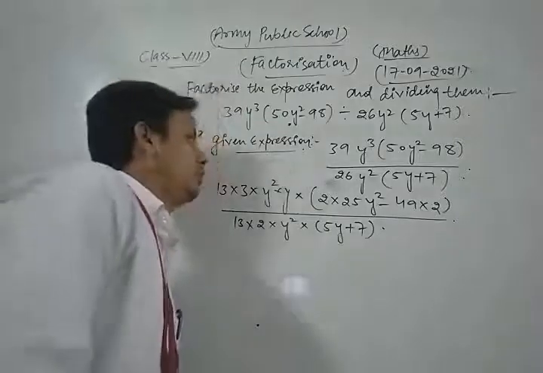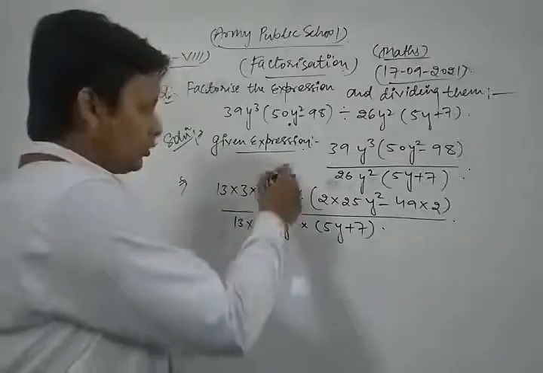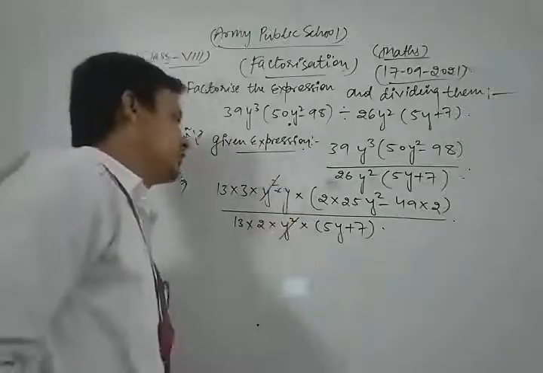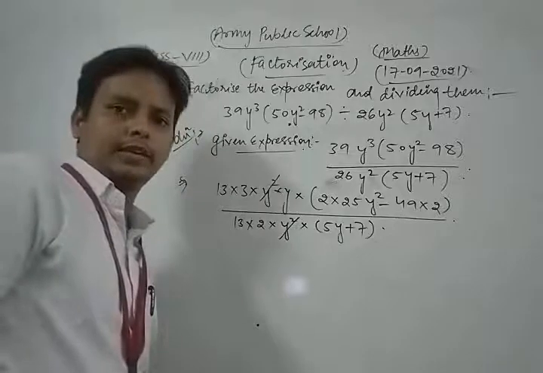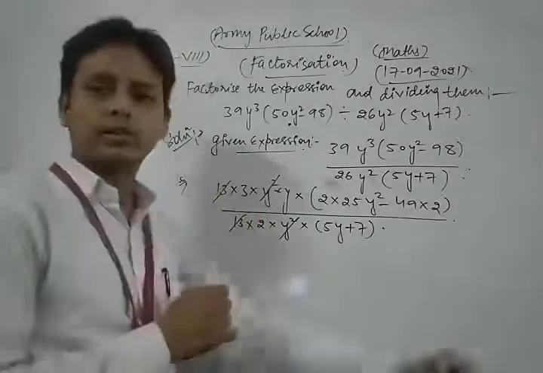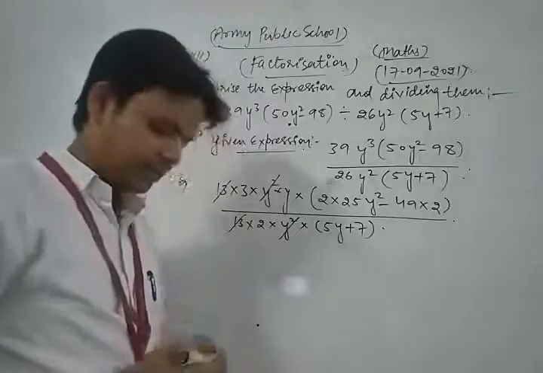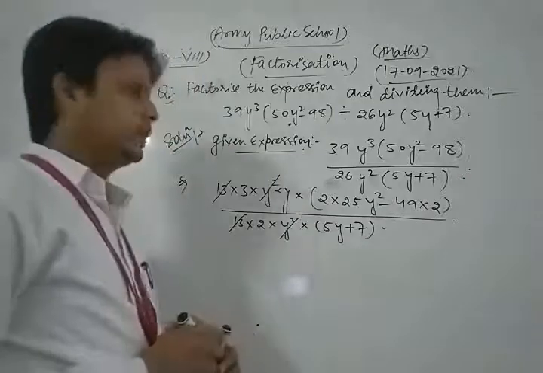Now in both the numerator and denominator, y square and y square cancel each other, and 13 and 13 also cancel each other.